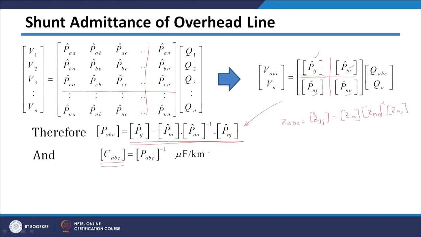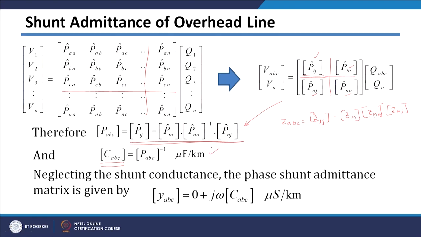So, we can easily get your capacitance matrix which will be required in the calculation, and then once you get the capacitance matrix, neglecting shunt conductance, we can just multiply it by j omega. So, j omega into capacitance matrix will give me shunt admittance matrix.